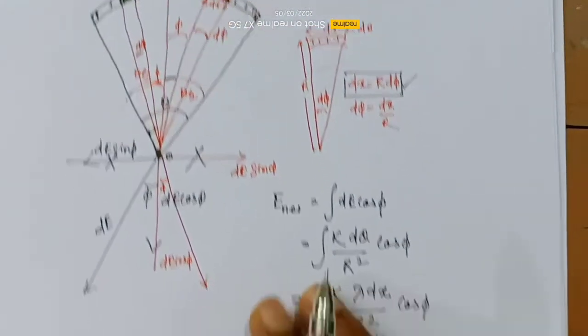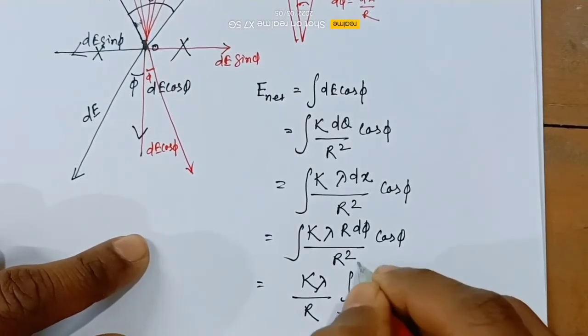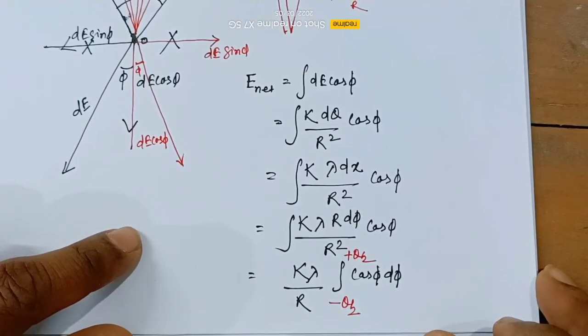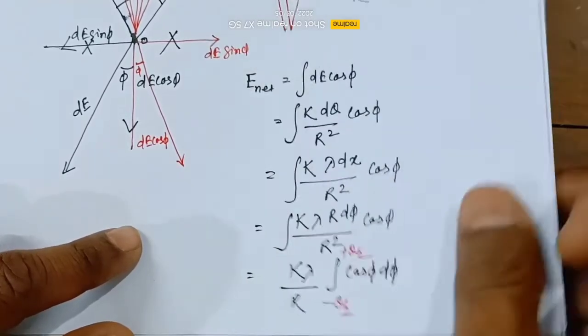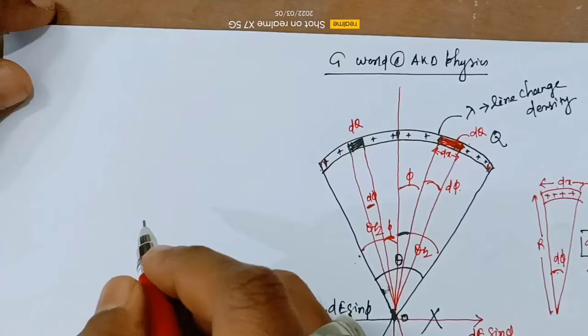So students must be aware of these things. This is minus theta by 2 to plus theta by 2. This is a very important thing that you have to keep in your mind. I have to write it here for a better view. So what is my expression coming?